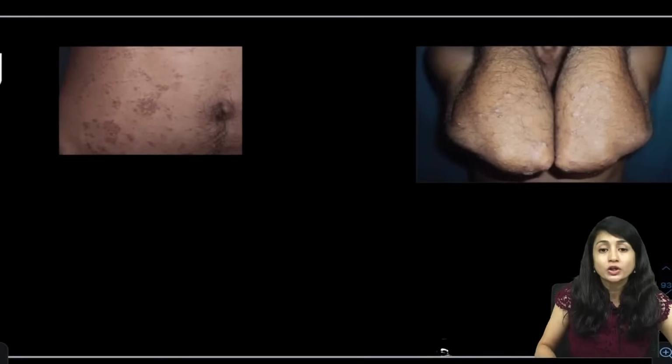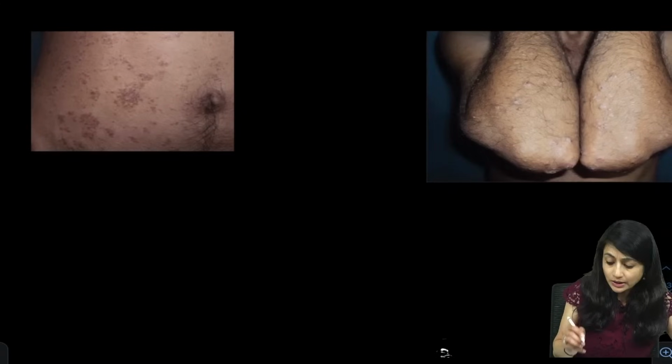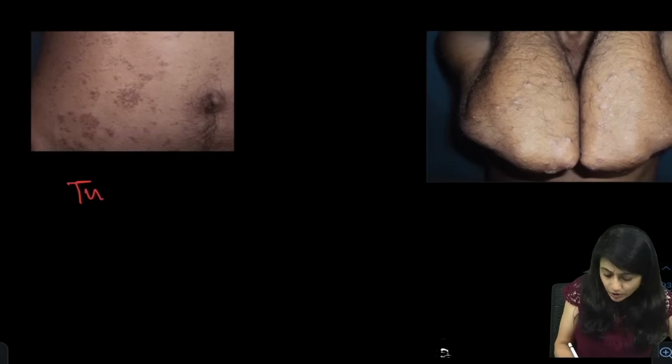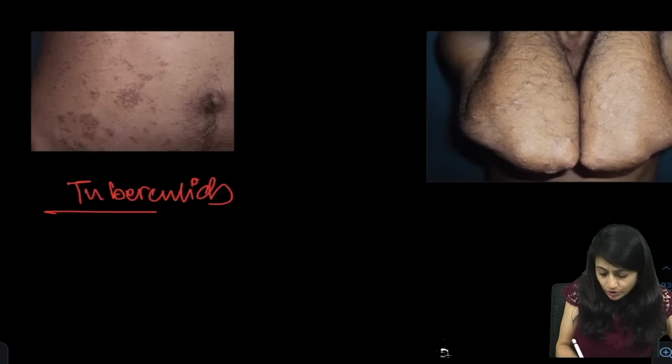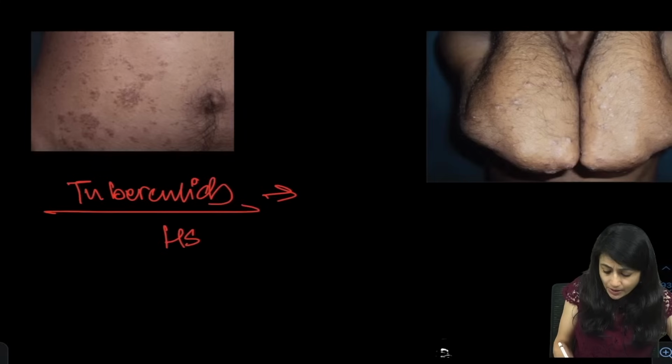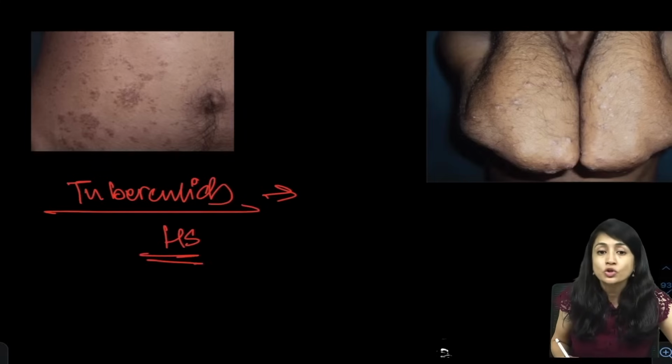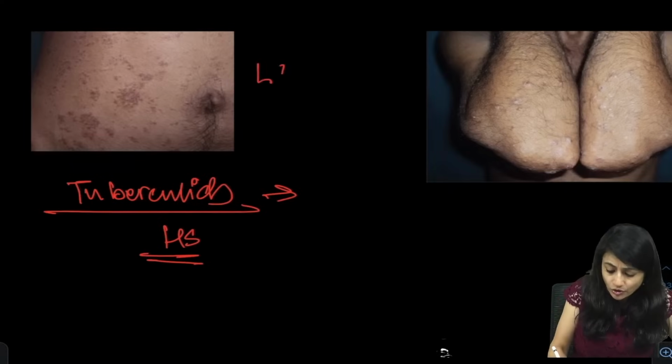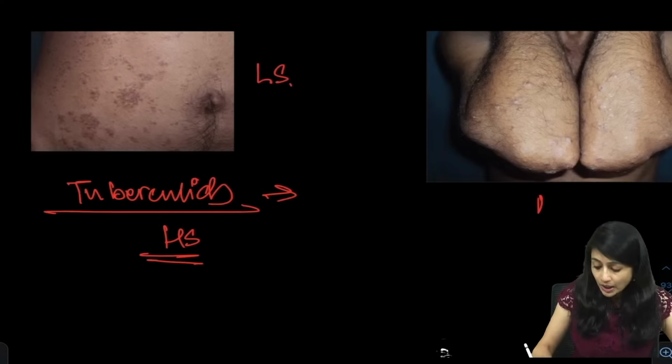Now, when we talk about tuberculosis, another important thing that is asked in tuberculosis is about tuberculids. What are tuberculids? They are a hypersensitivity reaction to tubercular bacilli. So, there are different types of tuberculids. Commonly, you are asked about lichen scrofulosorum and papulonecrotic tuberculid.